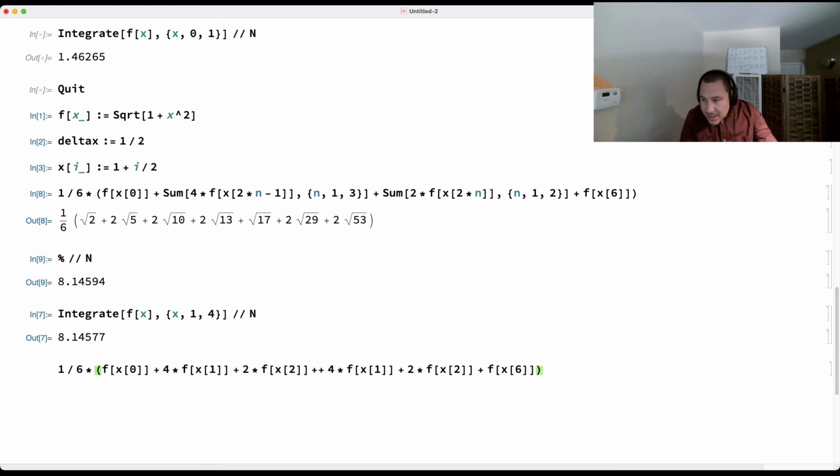Plus, then this one would become 3, and that one would become 4. And then plus that final 4 times f of x5. I mean, I guess that's not that bad, but I hate doing this. I would rather set up the sum so I know that here's the odd terms and here's the even terms. I just hate having to write stuff out like this. I mean, if you really wanted to, you could.